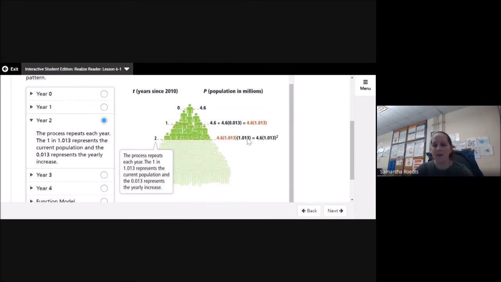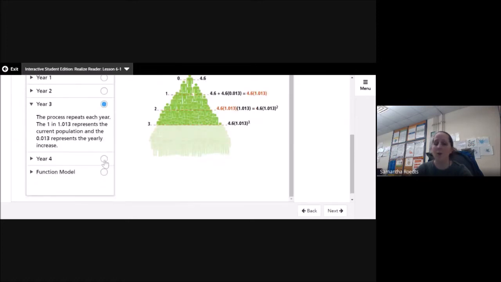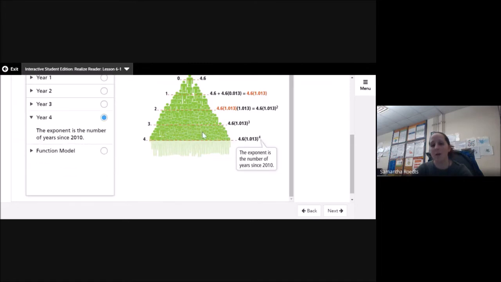You can start to see that, so this, the exponent is representing my years. The 4.6 is where I started. So for 3, it would be 4.6 times 1.013 cubed. So that's that 0.013 increase. For 4 years, it would be to the 4th. So the exponent is the number of years since 2010.